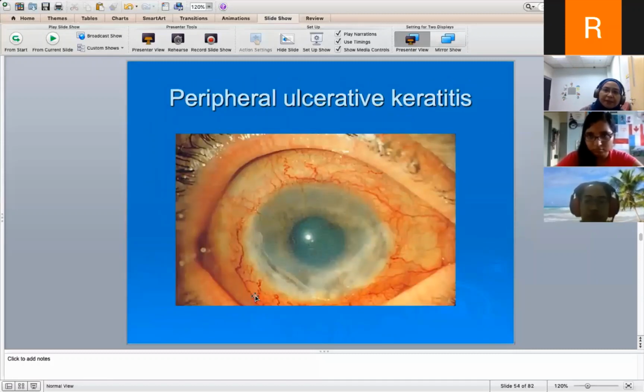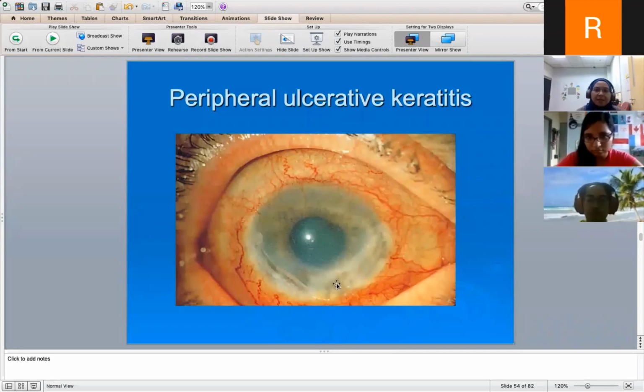For another example, the eyes are red. How are you going to explain this in your OSCE question? Injected eye. What else? You get this whitish area. Remember, your cornea should be very clear. The moment you get a white patch with a red eye, think about ulcer. You get a white patch on the cornea plus a red eye, think about ulcer.